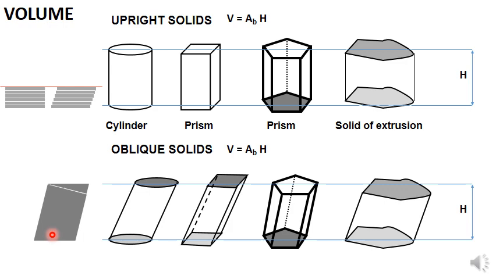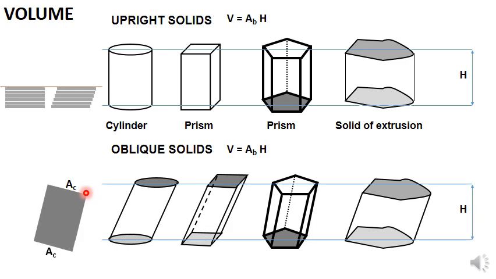If we cut this in this position perpendicular to the element of the solid, this is perpendicular, then this may generate an area which we call the AC, which means an area along the cross-section of the solid perpendicular to its element.